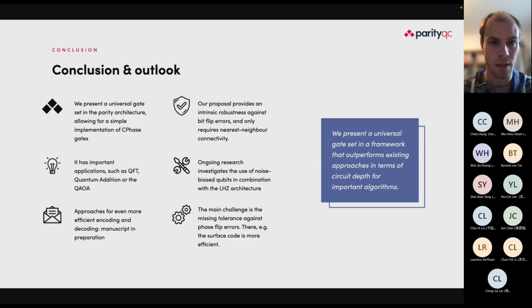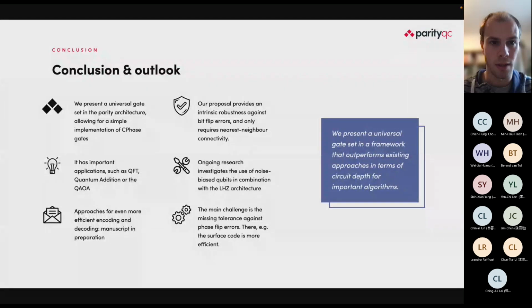Just to wrap up, we presented a universal gate set in the parity architecture, which allows for a simple implementation of C-phase gates. It has some very important applications, which I showed you. We are also currently working on a more efficient encoding and decoding approach. We have intrinsic bit flip error robustness.